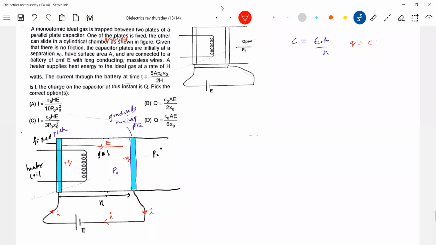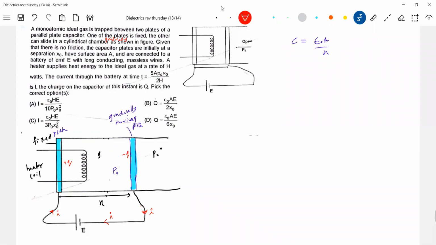Sorry, instead of the electric field, we'll take this as the potential difference. If you want to write E naught for the electric field, let me take this much only.